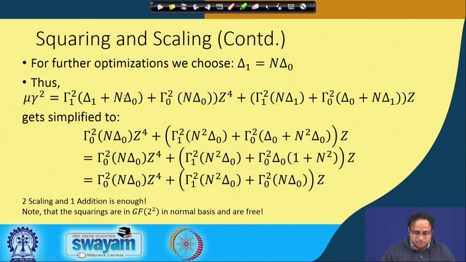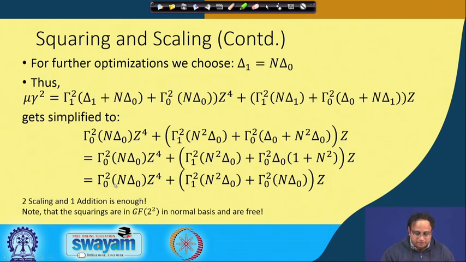So this gets simplified into this form, where you have delta 0 squared multiplied with n gamma 0 squared multiplied with n delta 0 z to the power of 4 plus this part. Since delta 1 is equal to n delta 0 and I plug it over here, I get n square delta 0. If I take delta 0 common from here, I get 1 plus n squared, and note that n square plus n plus 1 is equal to 0, so I can substitute 1 plus n square with n. So this is my final form.